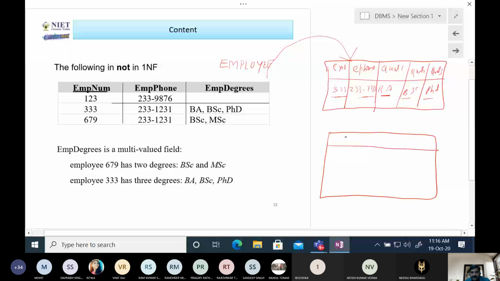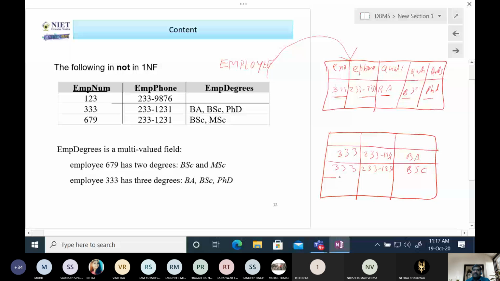In this case, we are not increasing the number of columns. 333, then this is the contact number and BA, and in the second row again we store 333, then 233, 1231, and here BSc, and in this 333, 233, 1231, and PhD.